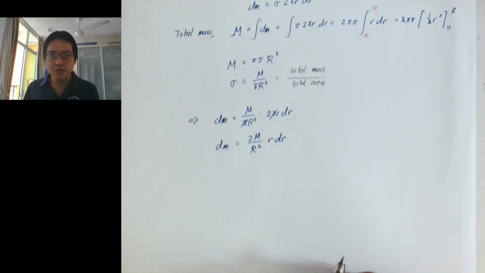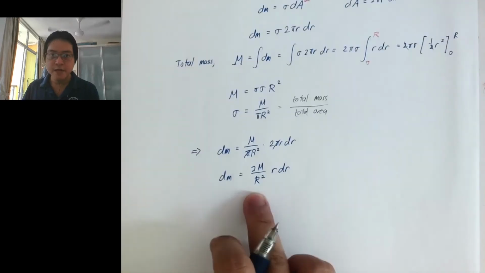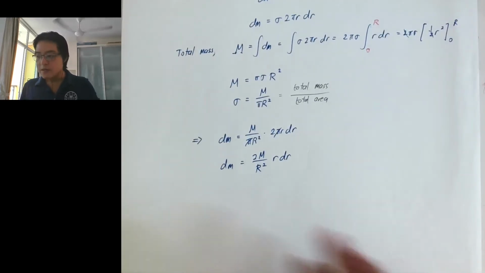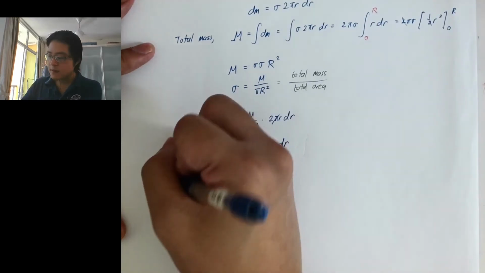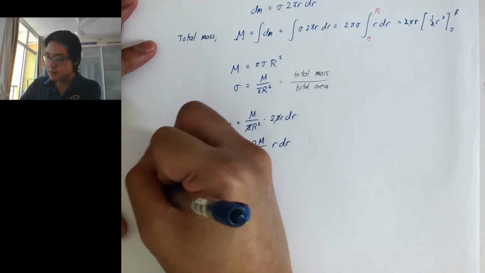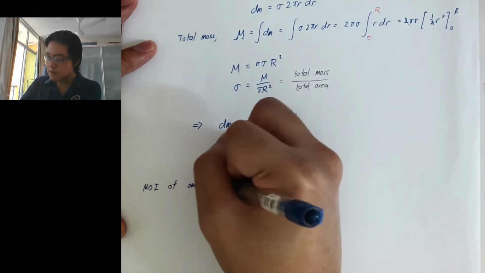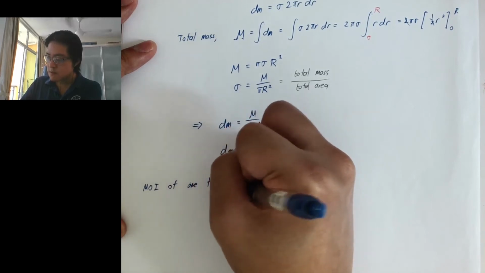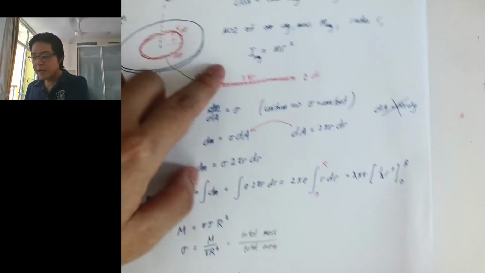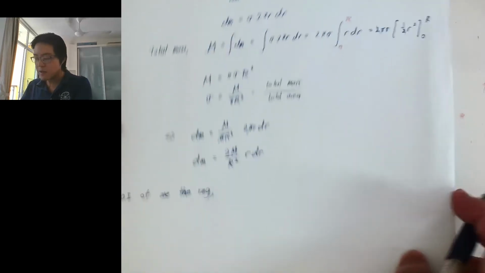So let us try to find the moment of inertia now, since we have the formula for dm. Okay, as we were saying, the moment of inertia of one thin ring, and we know the formula: if the ring has mass m and radius r, it is m r squared.